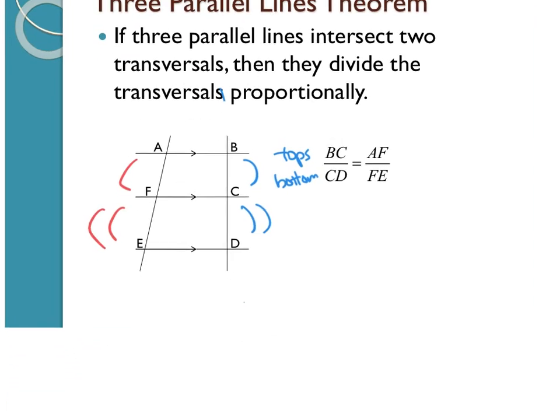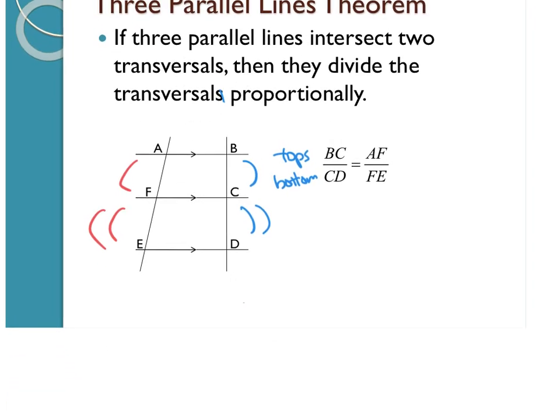And just keep in mind, if you would have rather flipped it, you could. Now, we can also go top over top. So we could do AF over BC, and then FE over CD. You can also solve it this way. Or you can go bottom to top.